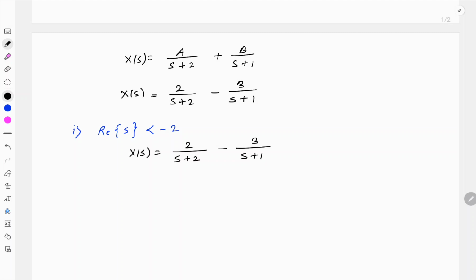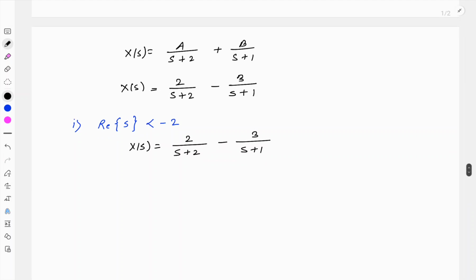Now in such cases you must use the standard results very carefully. We have the combination of 1 upon s plus a, minus 1 upon s plus a, 1 upon s minus a, minus of 1 upon s minus a, in that way. So those 4 results should be taken into consideration, and then by looking at RoC, select the appropriate equation.